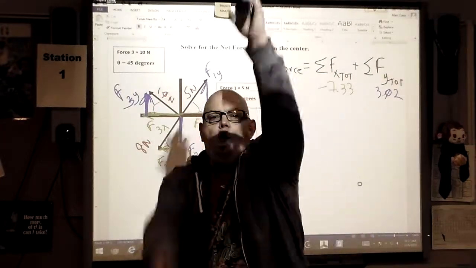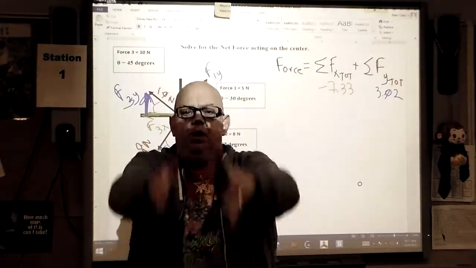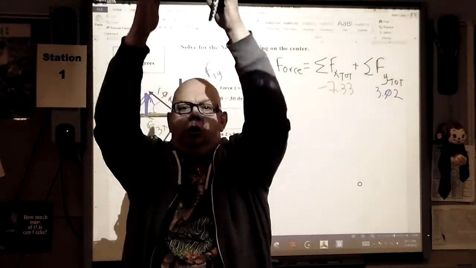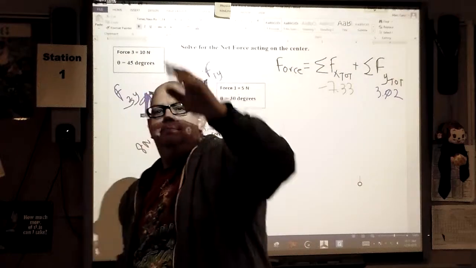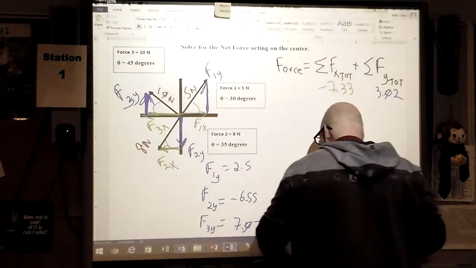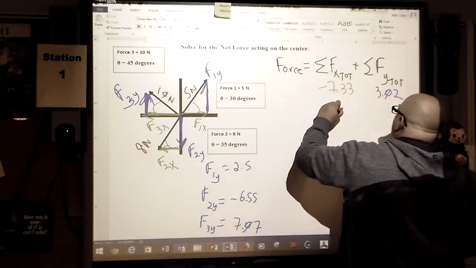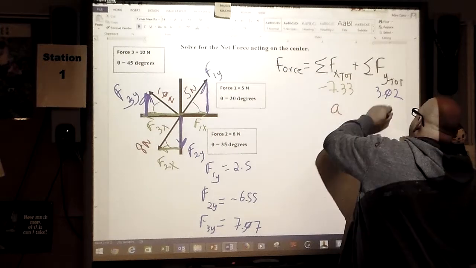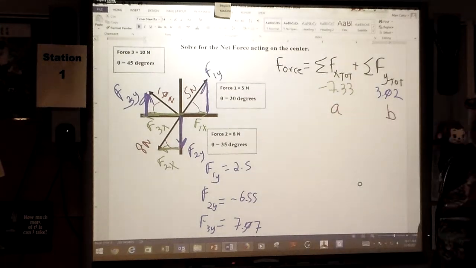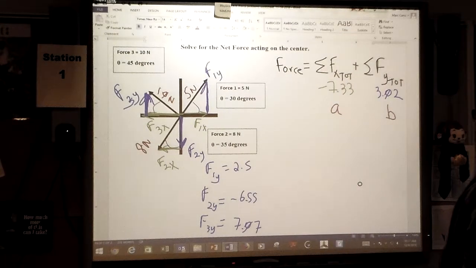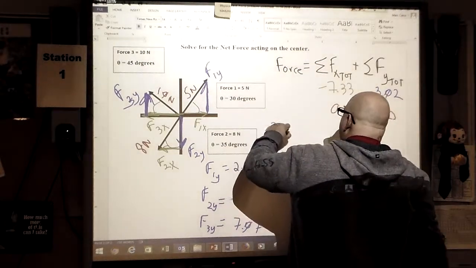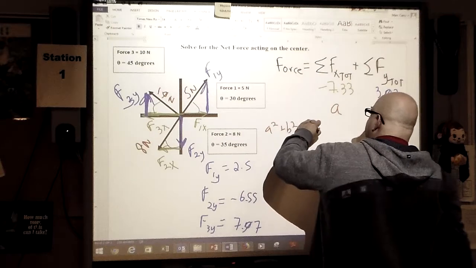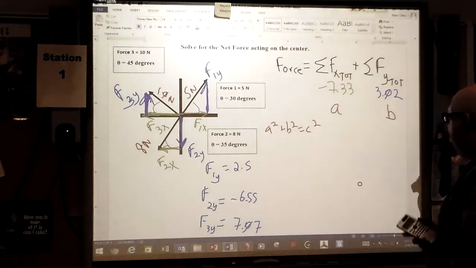We're almost there. Now, we looked at all the x's as if we put them in one long line, and we looked at all the y's as if we put them on the vertical. So we're going to try to find our net force. We have here our A, we have our B. We need to square those bad boys and take the square root of it. Because remember, A squared plus B squared equals C squared. So let's do it.